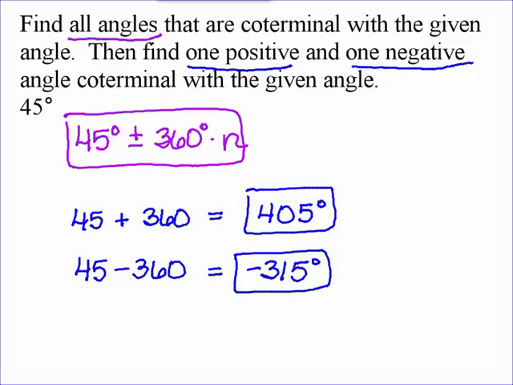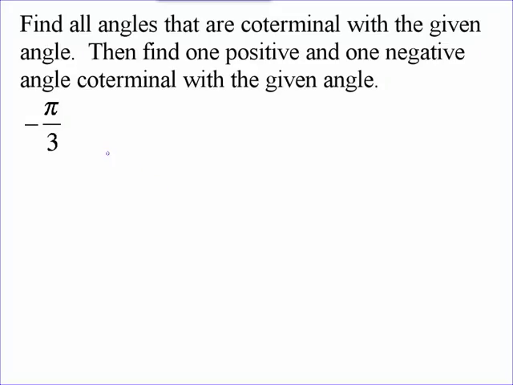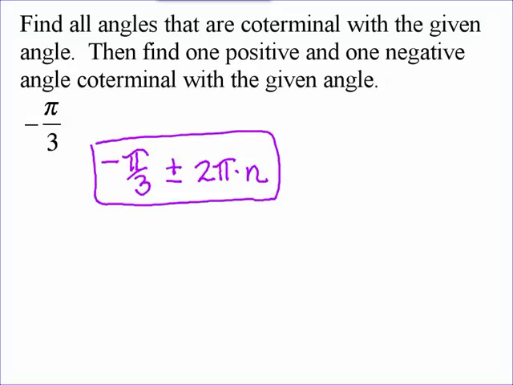Now what I'm going to do is move on and look at one that's in radian form. And if I look at this one that's in radian form, same instructions, except for now I've got negative pi over 3 in radian form. So I'm going to add or subtract, not 360, but really 2 pi times n. And there is your answer. Now what we need to do is find one positive angle.